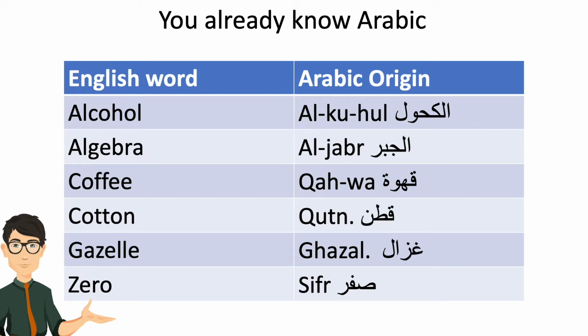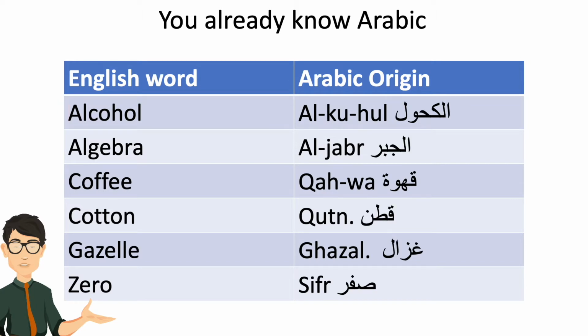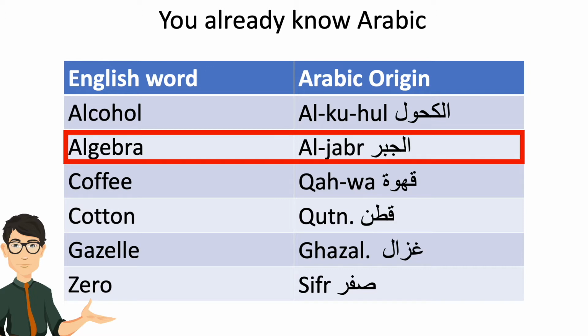We're going to take a look at some of the words that you may already know. The English word alcohol comes from the Arabic origin al-kuhul. The English word algebra comes from the Arabic word al-jabr.